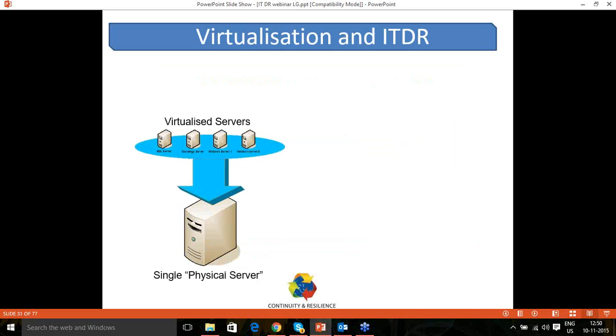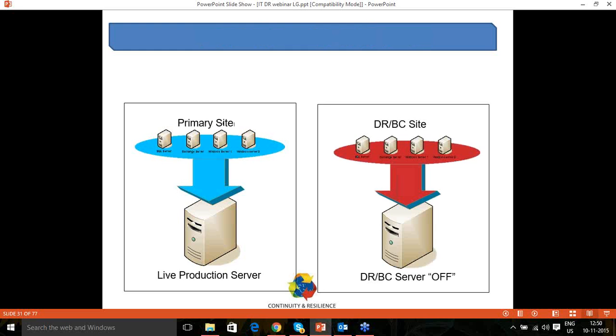Some examples, Anand. Even if you have a virtualized environment in your primary, ITDR is still in place. Take the snapshot and keep that there.